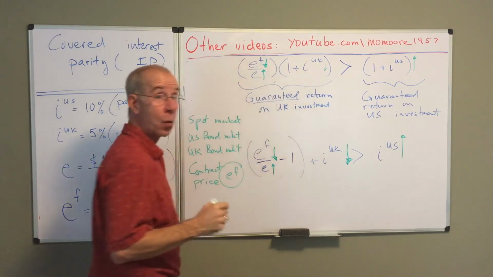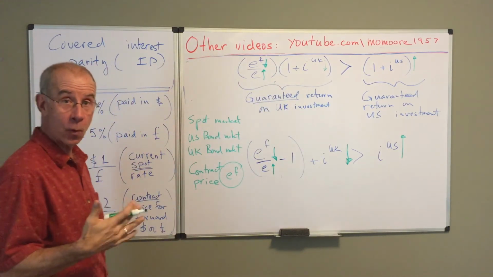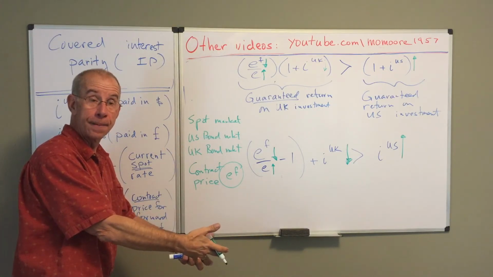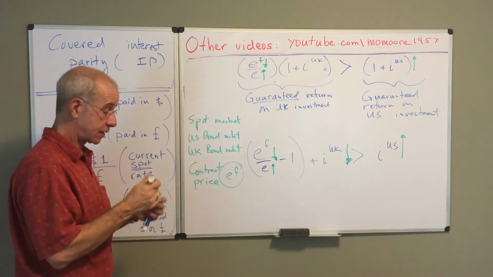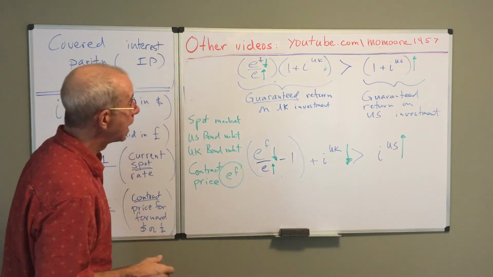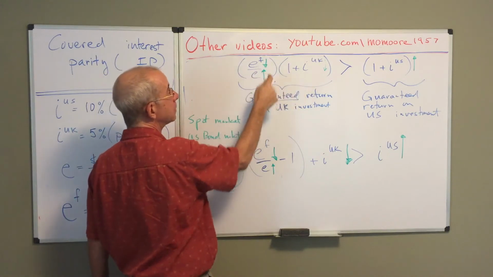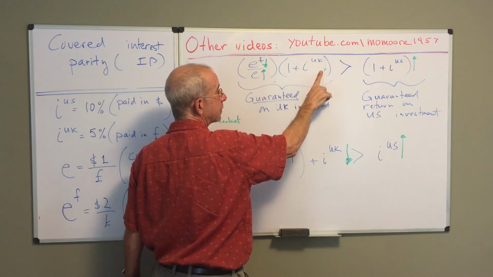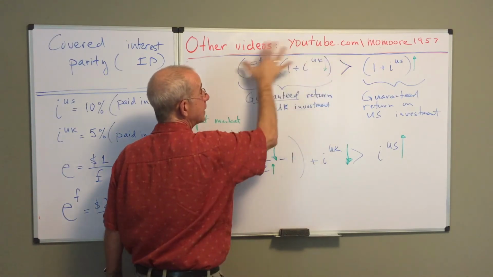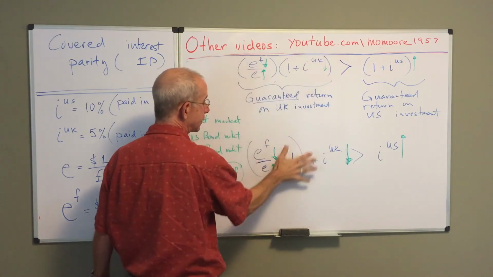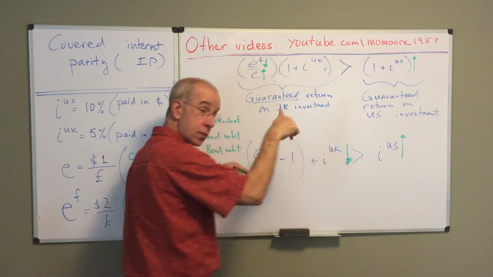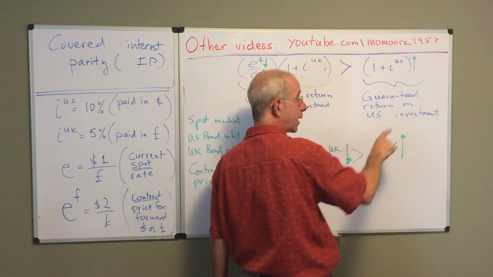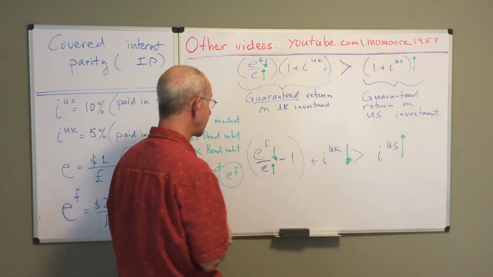Dollars are going to be more expensive in the forward market because lots of Americans are coming to buy dollars with the pounds that they received. Now, all of these effects, E going up, EF going down, interest rate in the UK going down, tend to make this left-hand side smaller. The U.S. interest rate going up tends to make the right-hand side bigger.